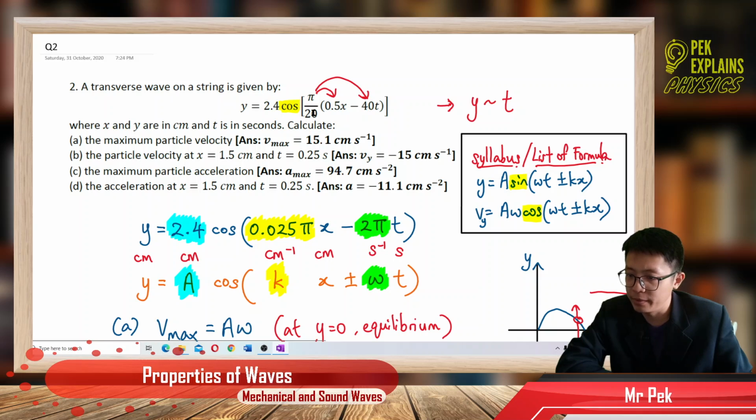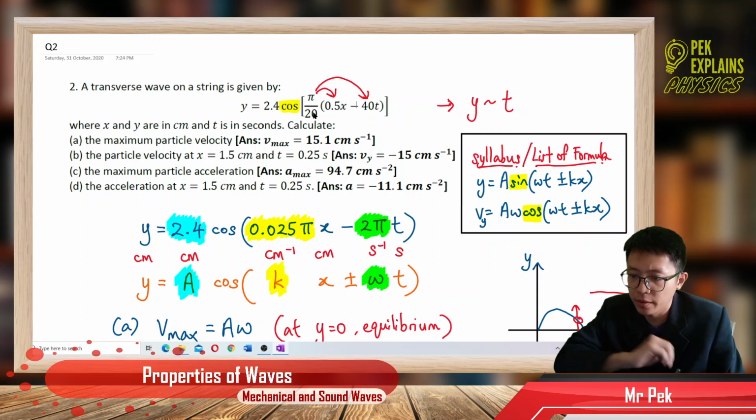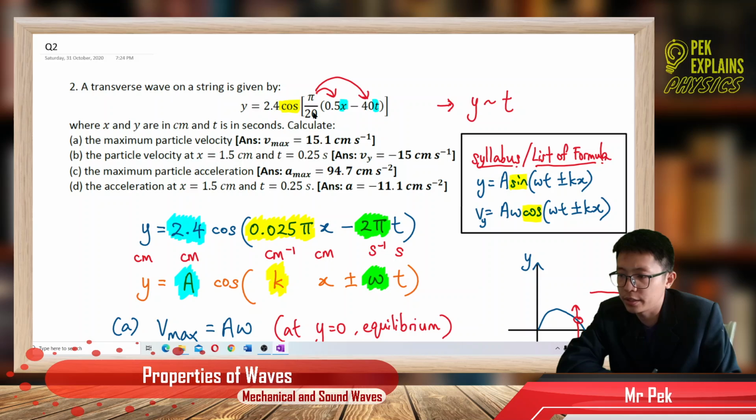Yeah, and this time it is a bit strange, because the equation has x here and t here. It becomes something like kx minus omega t.